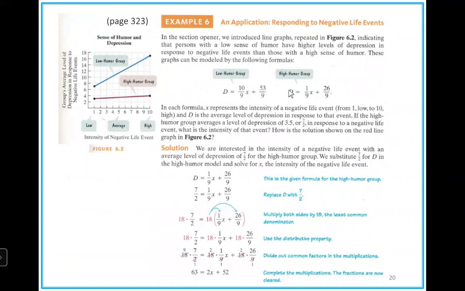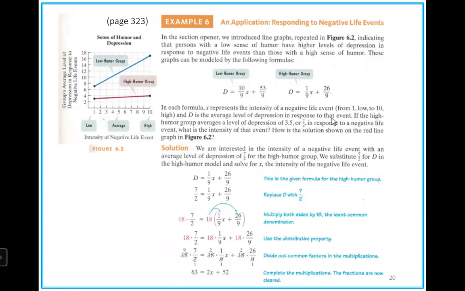And for the high humor group, D is equal to 1 over 9x plus 26 over 9. In each formula, x represents the intensity of the life event from low, which is 1, to 10, which is high. And D is the average level of depression in response to the event.